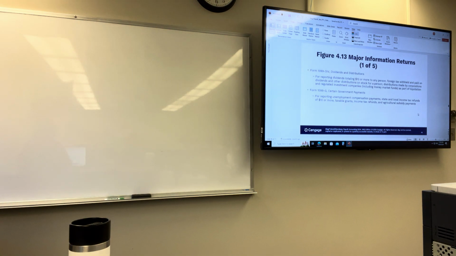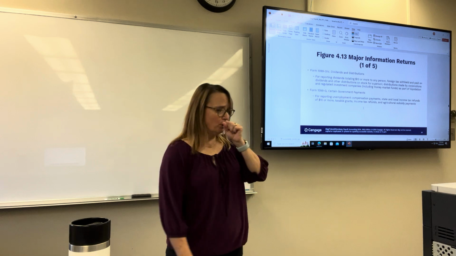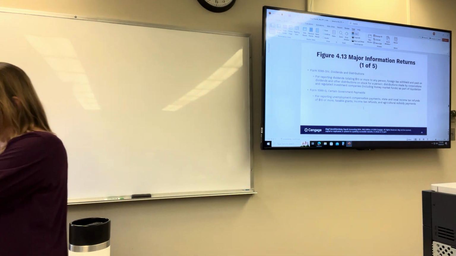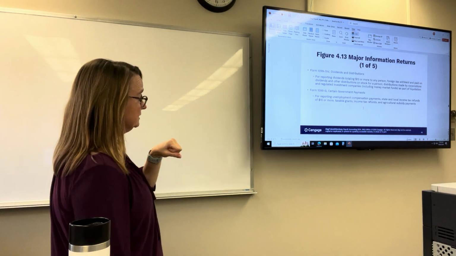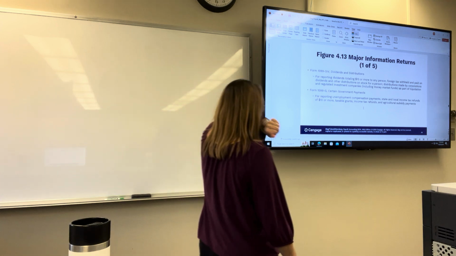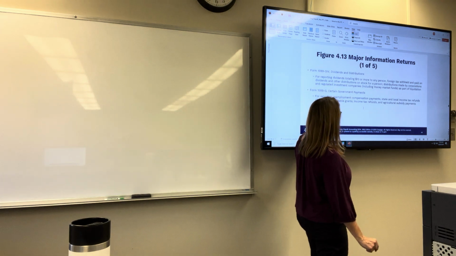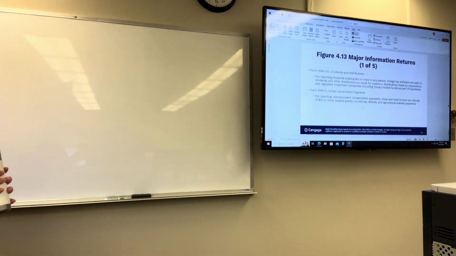Again, payroll department's really not going to work with that particular form. 1099G, certain government payments, these are usually for unemployment compensation and state and local refunds. Again, there's a threshold of $10 or more that has to be paid before that triggers requiring having to file that form.